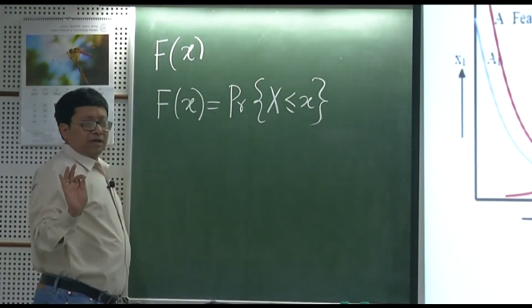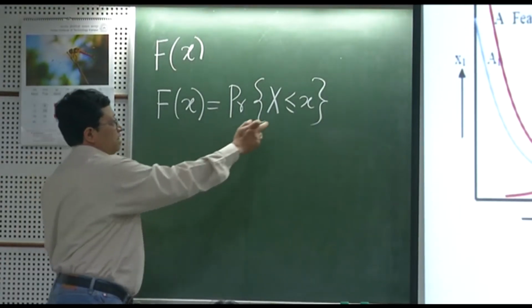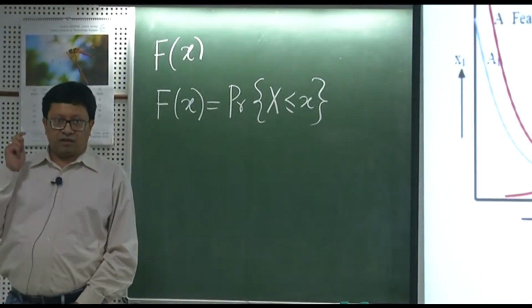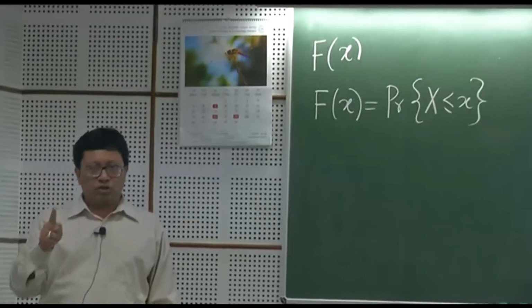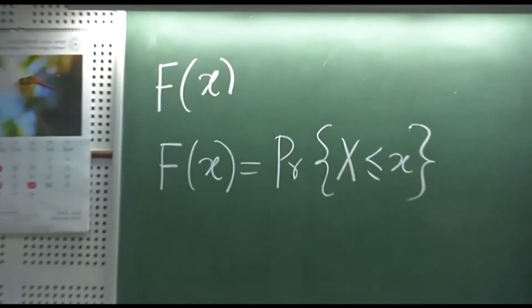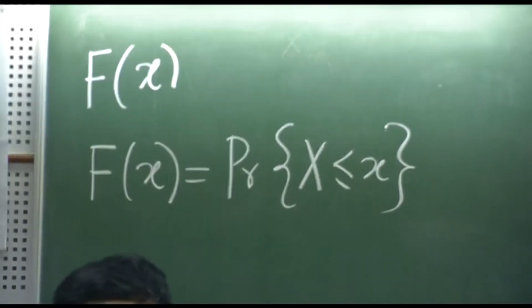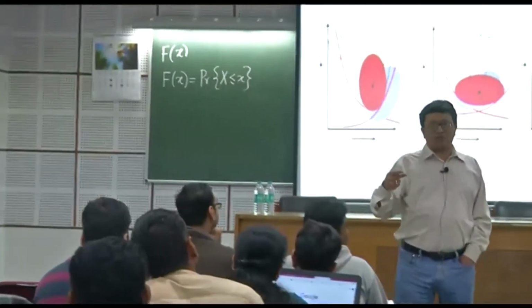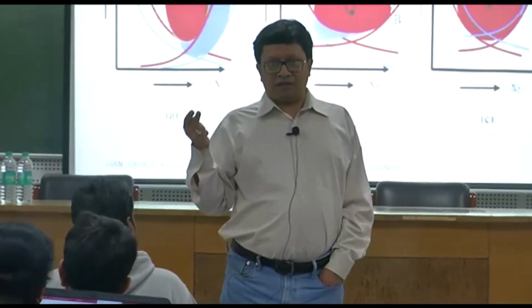Now the properties: as small x tends to minus infinity, the distribution function CDF value is 0, because you have not added up any probability. That's point 1. Point number 2 is that as x tends to positive infinity, the value turns up to 1.